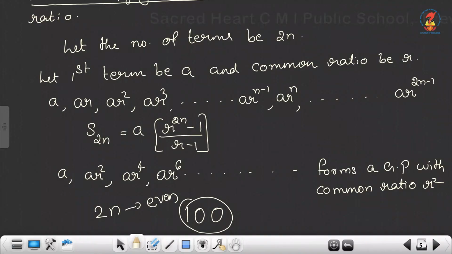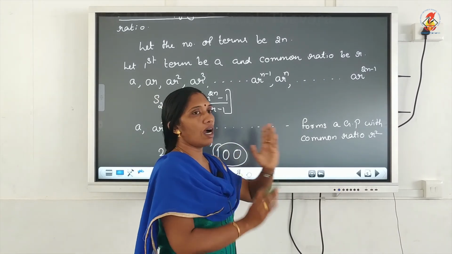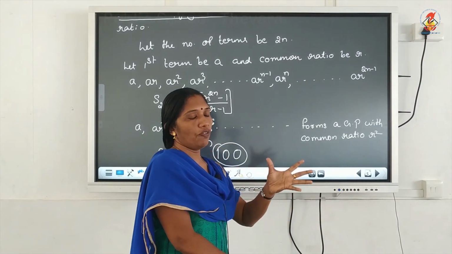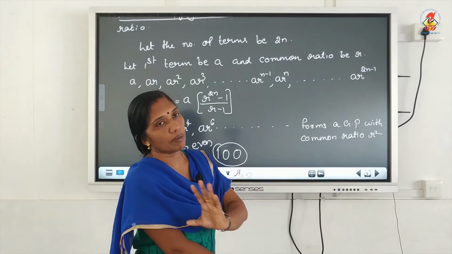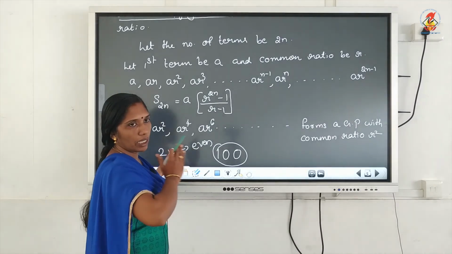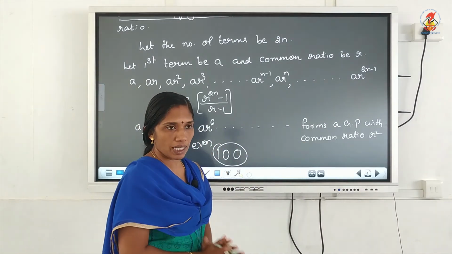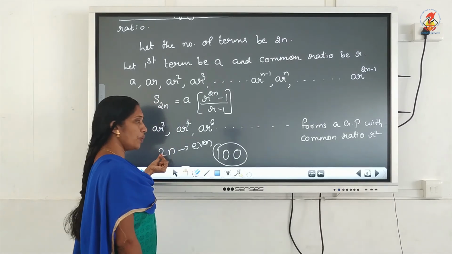If the numbers are from 1 to 100, 100 is an even number, 50 odd, that is just half the number of terms odd and half the number of terms even. The same way, total number of terms 2n, so half even, half odd. Half of 2n is n.